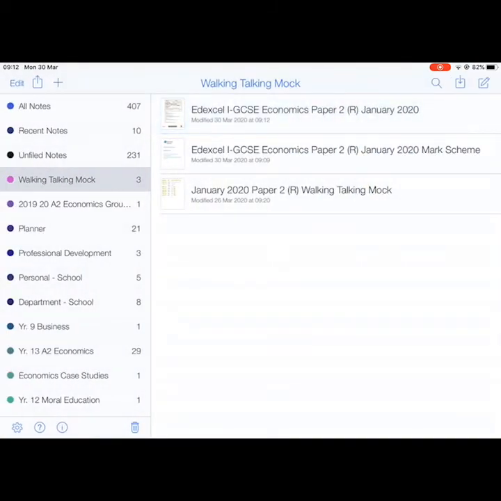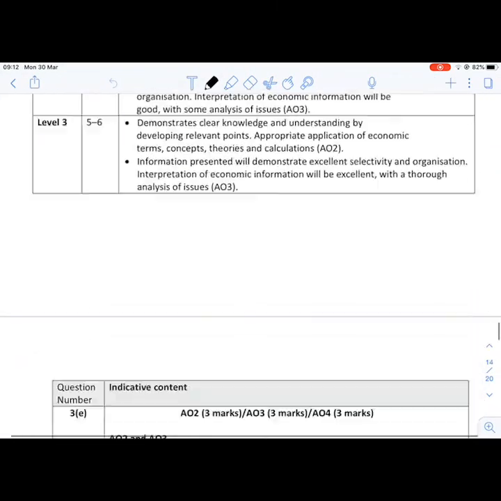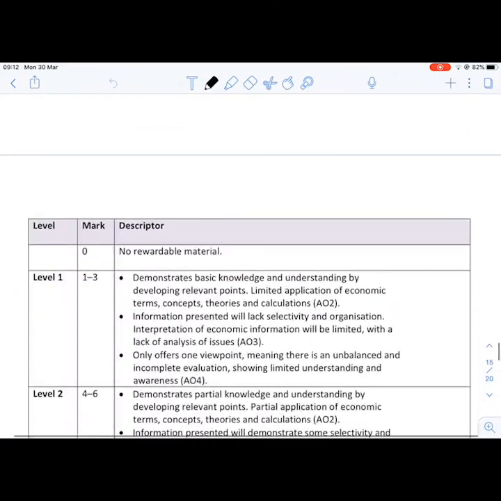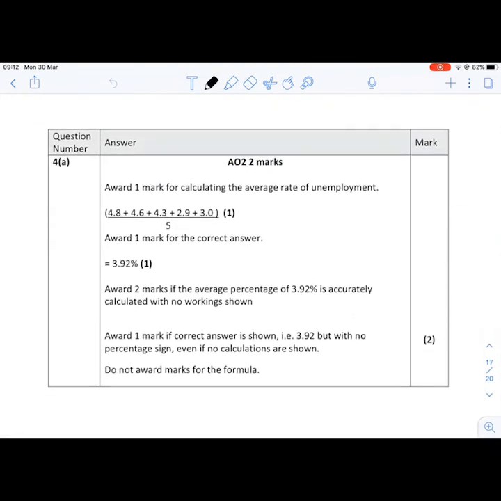Let's just check the mark scheme, and see if we've carried out the calculation correctly. Question 4A, sorry, there we go. And there you can see 3.92%. So the examination board are awarding 1 mark for the calculation, and another mark for the answer.